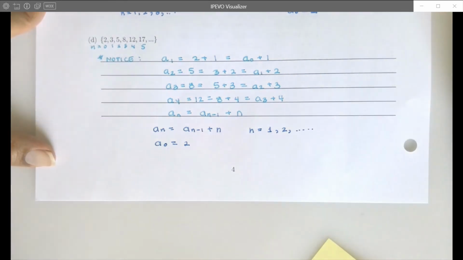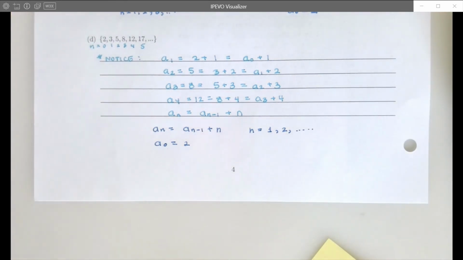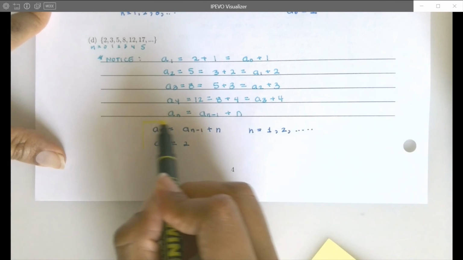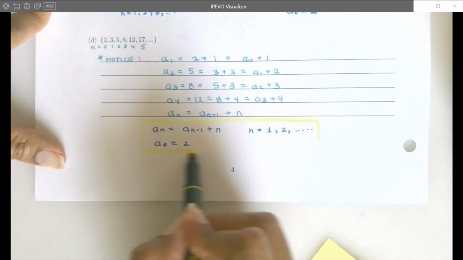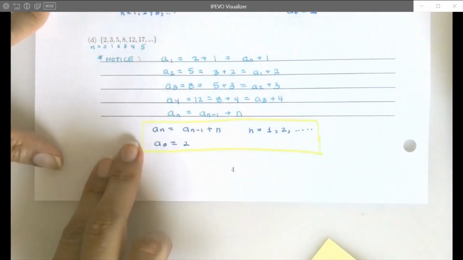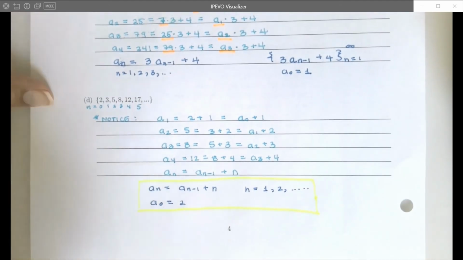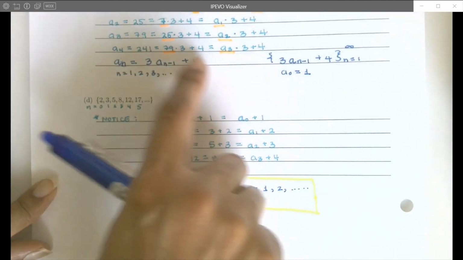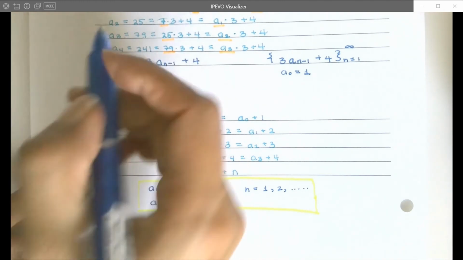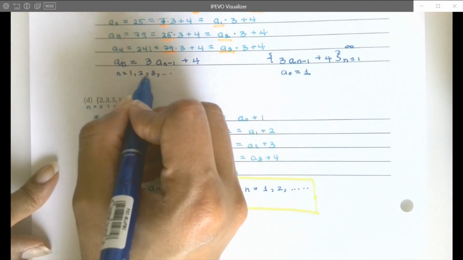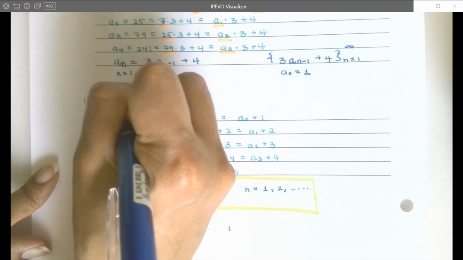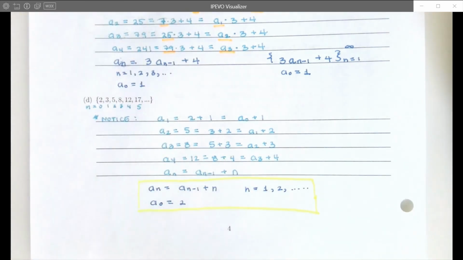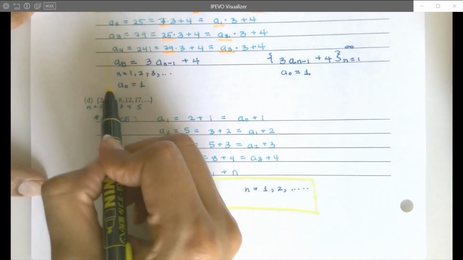Right? They gave us a0 to be 2. Okay, so this is similar to what we saw in part C, where we had an defined in terms of a previous term beginning at n equals 1, 2, 3, so on and so forth. And then at a0, we had some initial value of 1.